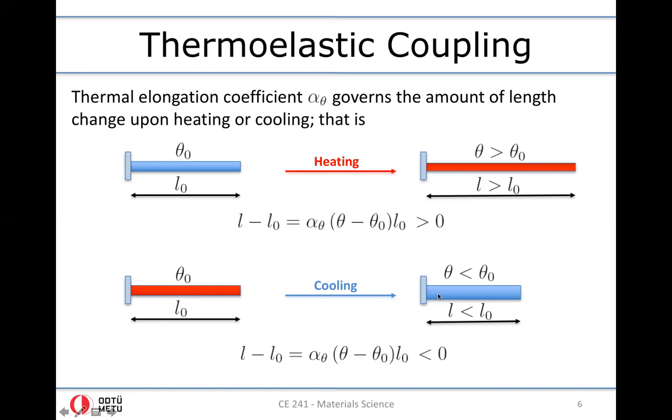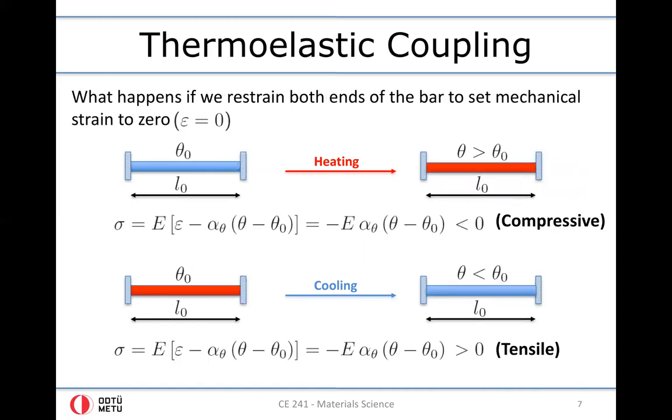What happens if you restrain the right end as well? In other words, if you set the mechanical strain to 0, if you go back to the extended Hooke's law, in this expression, this means putting here a support so that the mechanical length is not allowed to change, meaning setting epsilon to 0. Then this constitutive equation simplifies to this one. What happens if you increase the temperature?